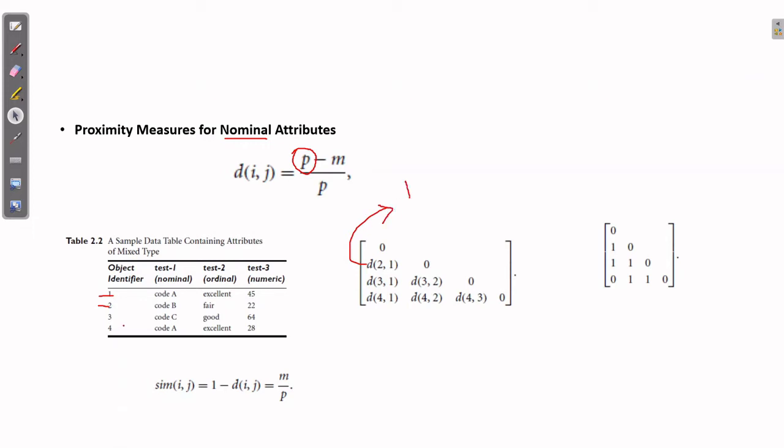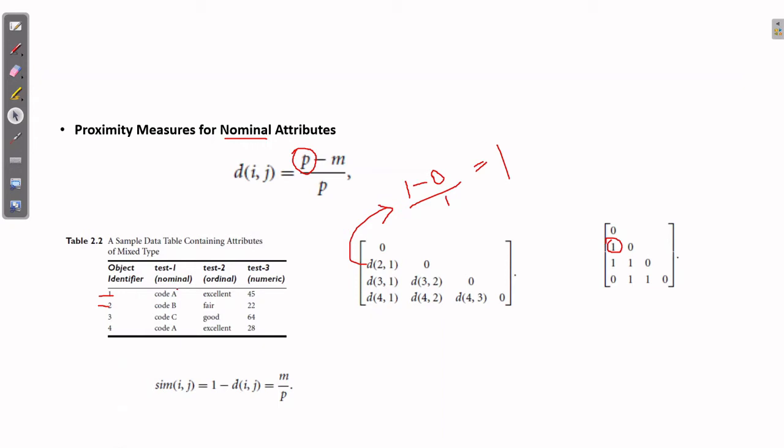It is only one in this case, we are only talking about s1 as an attribute, minus how many of them are matching. There is only one attribute and it is not matching, right? This has a value of code A and this has a value of code B. So this is (1 minus 0) divided by 1, which is equal to 1. So that is the value taken here. That is why you have a value of 1 here.